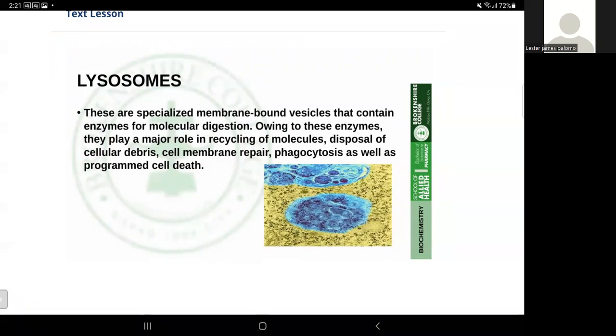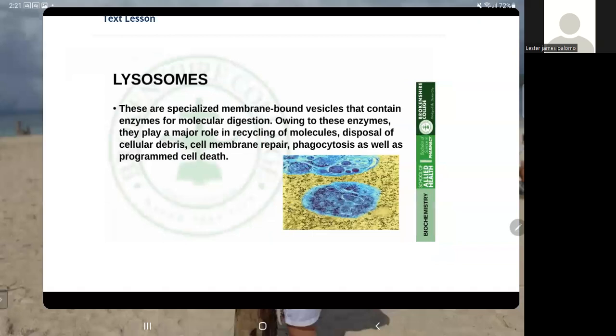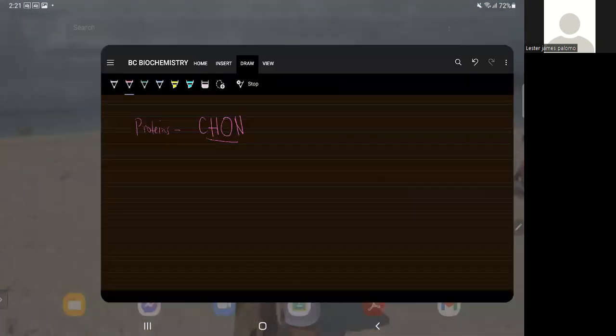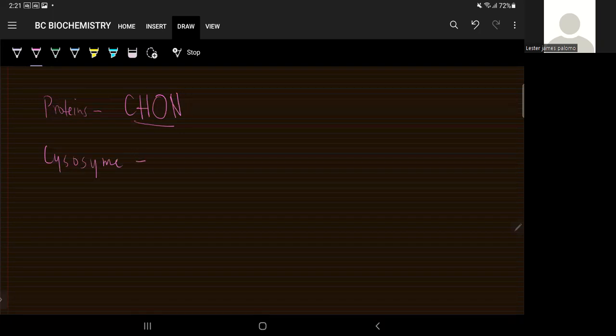Again, under this, your lysosomes are what we call suicide sacs. The purpose of this one is to kill foreign organisms in the body.